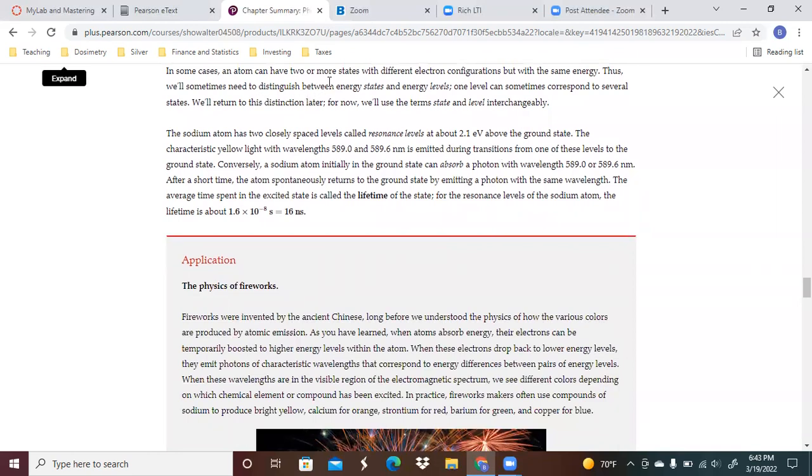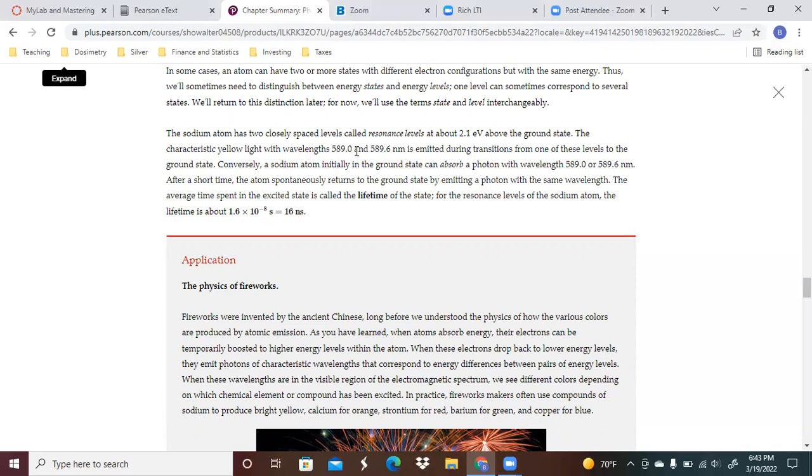In some cases, an atom can have 2 or more states with different electron configurations, but the same energy. Thus, we'll sometimes need to distinguish between energy states and energy levels. One level can correspond to several states. So the sodium atom has 2 closely spaced levels called resonance levels at about 2.1 eV above the ground state.